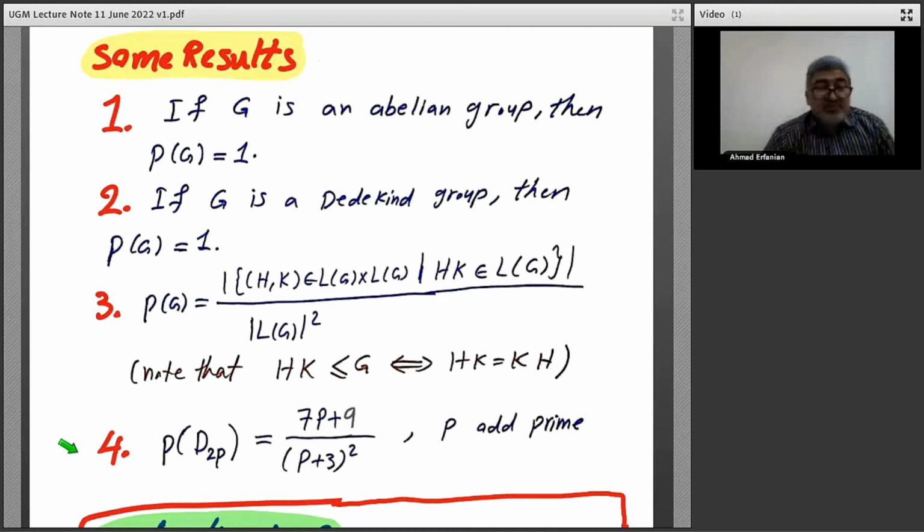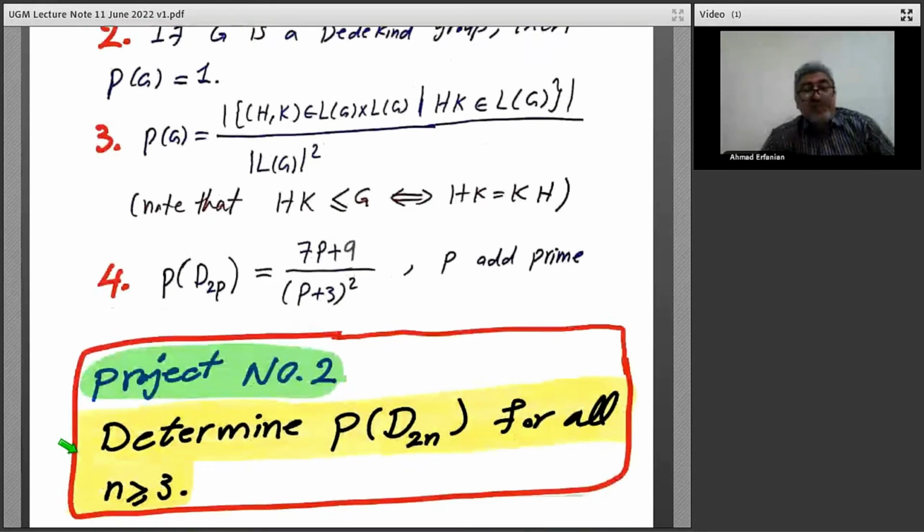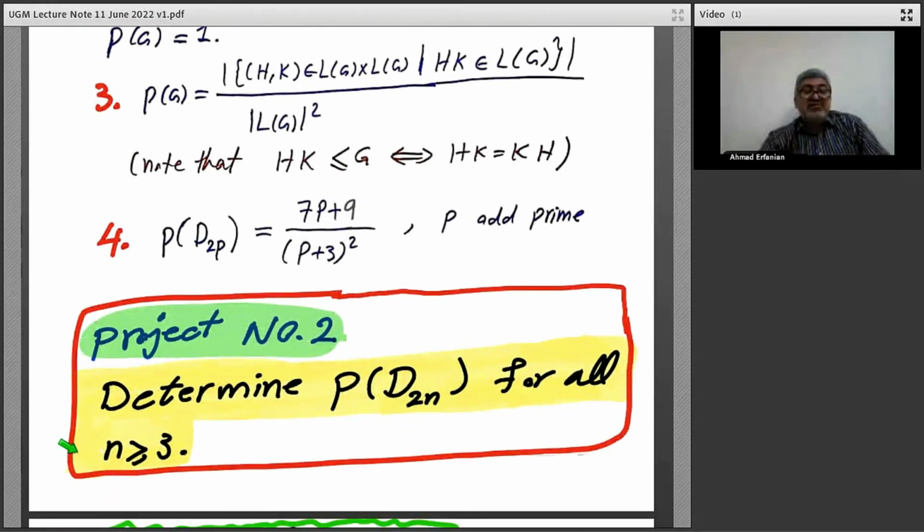Now, you remember I gave project number 1 in the previous lecture. Now I give project number 2, which is to determine the permutability degree of the dihedral group of order 2 times n. You know what you have to do: consider all subgroups of the dihedral group of order 2 times n, and see which subgroups are permutable with which subgroups.